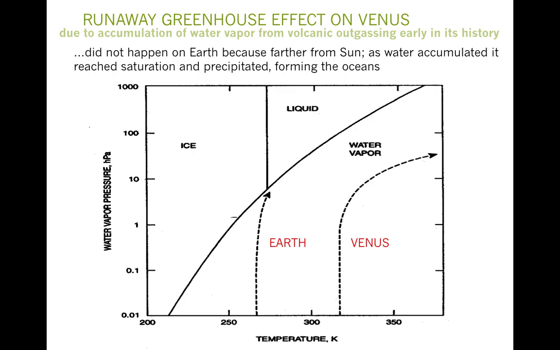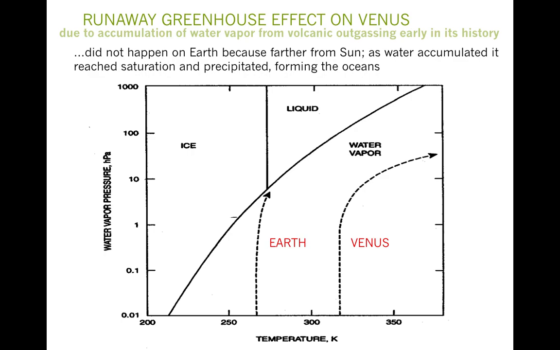The early Earth was very, very dramatic, and volcanoes were constantly going off, and there was a lot of outgassing. But we did not get a runaway greenhouse effect on Earth, and it's because Earth is a little bit farther from the sun. And as water accumulated, it reached saturation and it precipitated out, first forming clouds and then precipitating to form the oceans.